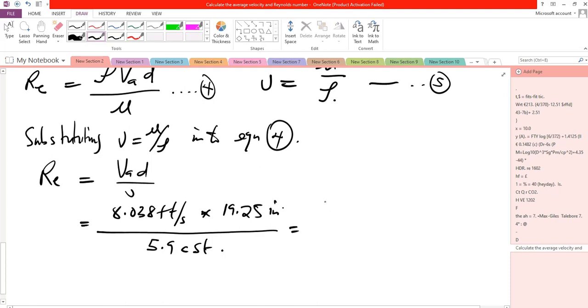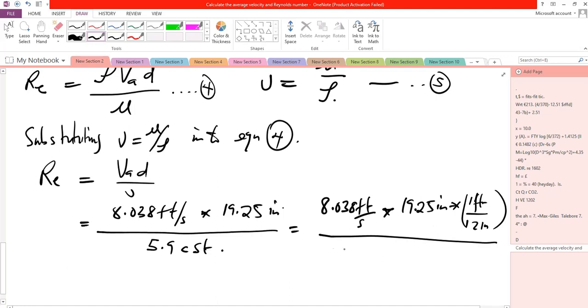Now you have 8.038 feet per second times 19.25 inches, so we need to change this inches to feet. So we say times 1 foot divided by 12 inches. These inches will cancel out, and it will remain feet. Divide by 5.9 centistokes.